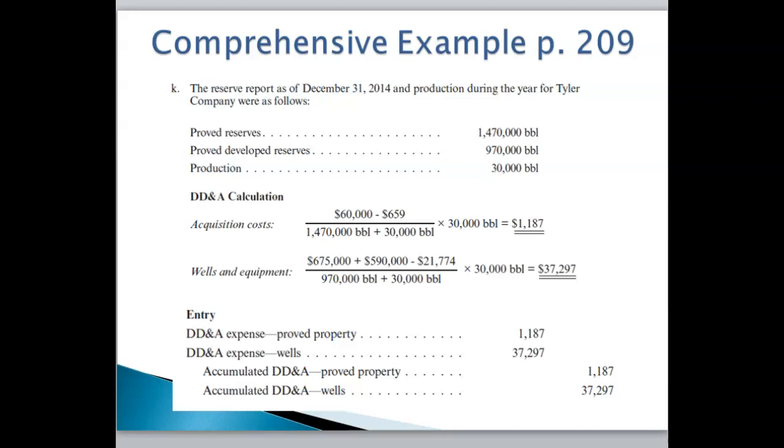We have our 60,000 capitalized minus the accumulated DDNA of 659 gives us our book value. We're going to divide that by the proved reserves of 1,470,000 barrels plus the production of 30,000 barrels, and we're going to multiply that times the production of 30,000 barrels to calculate $1,187.